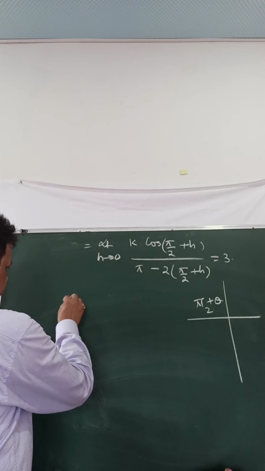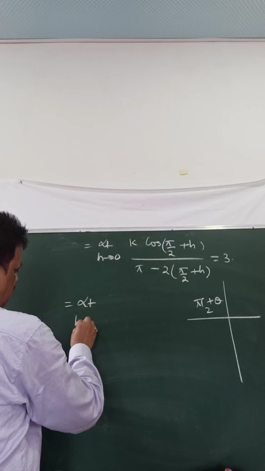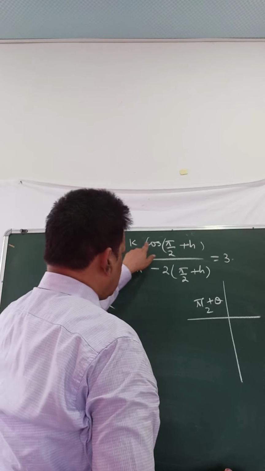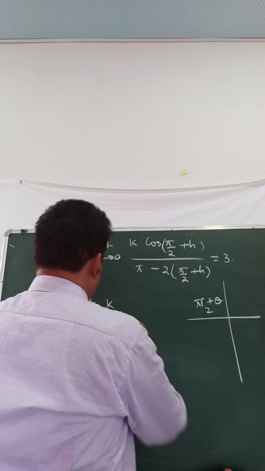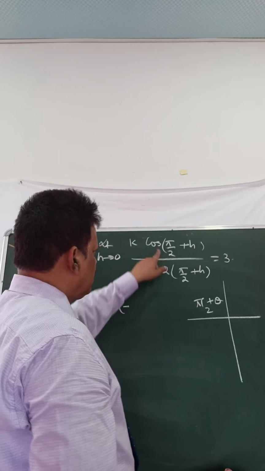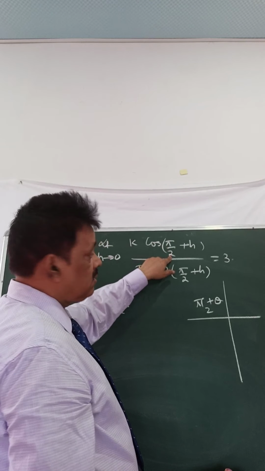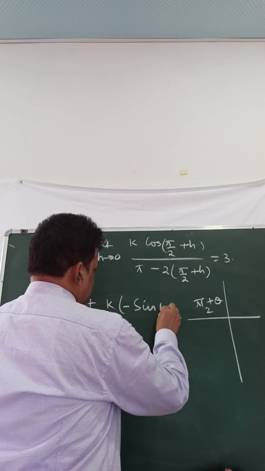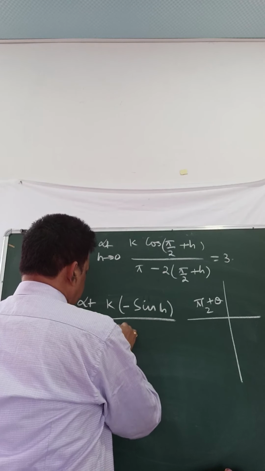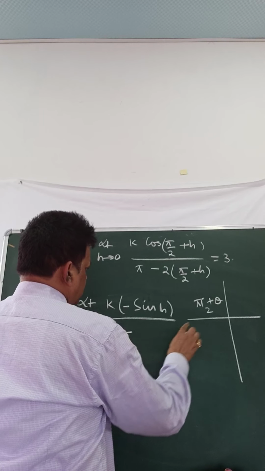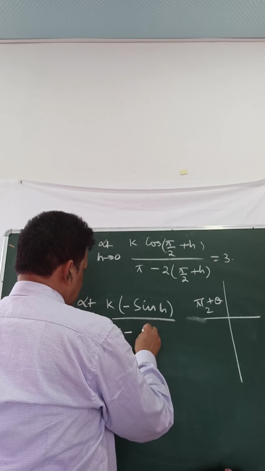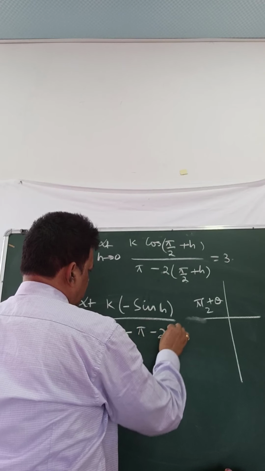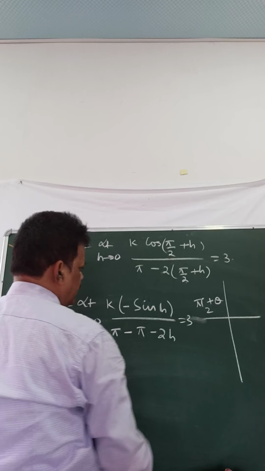So that will be limit h tends to 0, k times negative of cos of pi by 2 plus h, there will be a change. Cos 90 plus theta is minus sin theta, so minus sin h divided by pi minus 2 into pi by 2 is pi minus 2x equals 3.